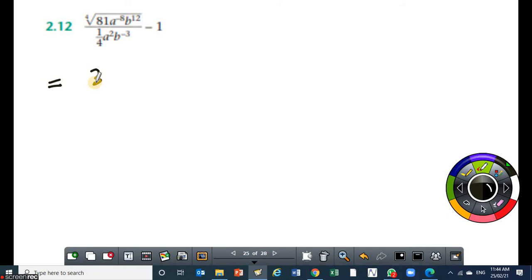What is the fourth root of a to the power of minus 8? What would be the answer?